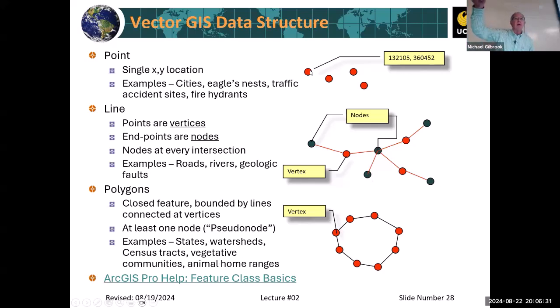Question? The accuracy of the representation depends a lot on how big those cells are, right? If the cell is really, really huge, it's going to be a really crude map. But if they're really, really tiny, it's going to look really great because the cells are so small. But you see this same thing when you're using a photo. If you tell it, oh, that photo is really big, let me save it as 640 by 480, it looks a lot worse, but you might still be able to read it.